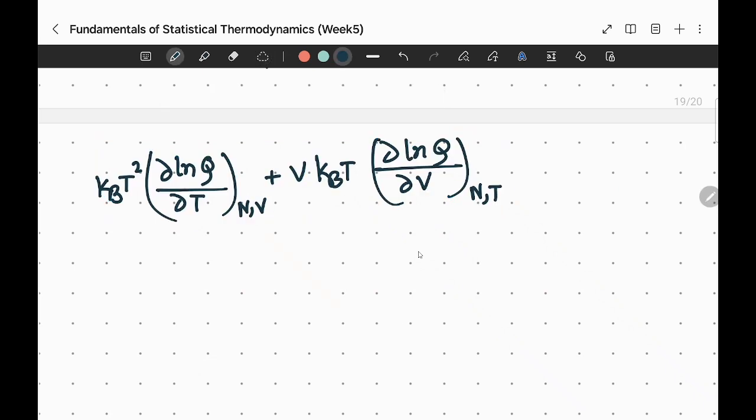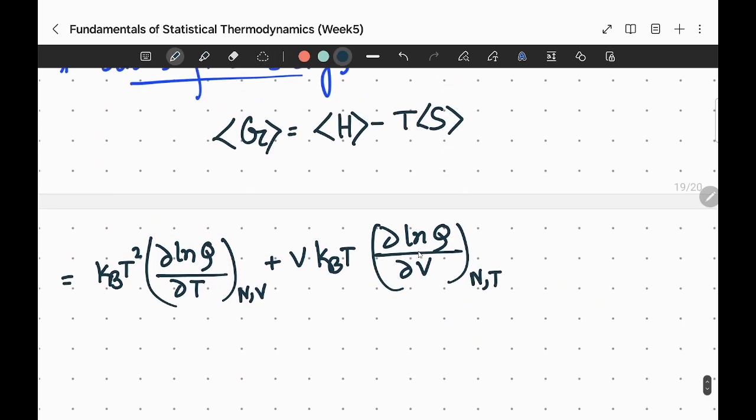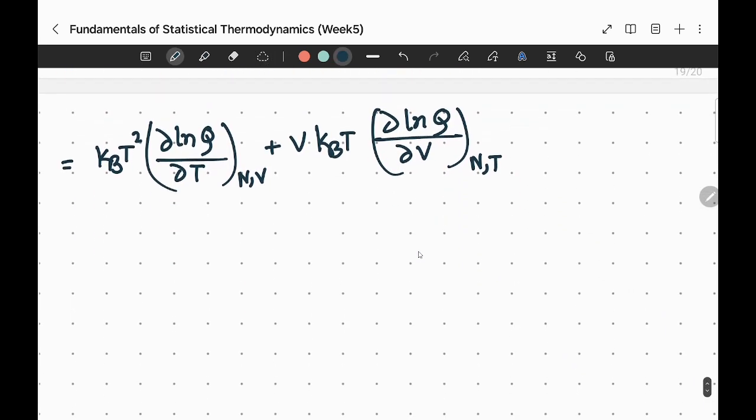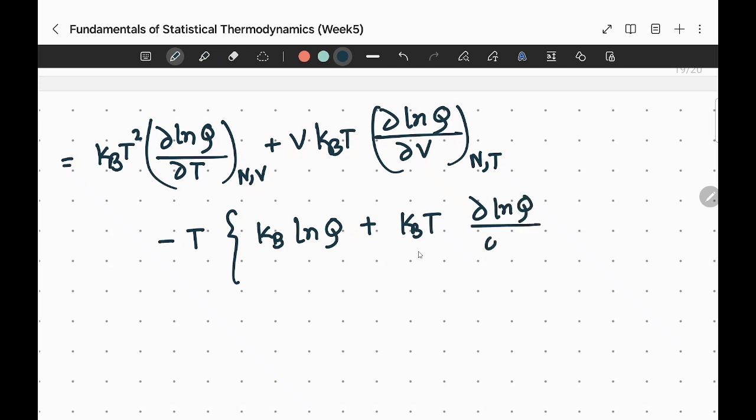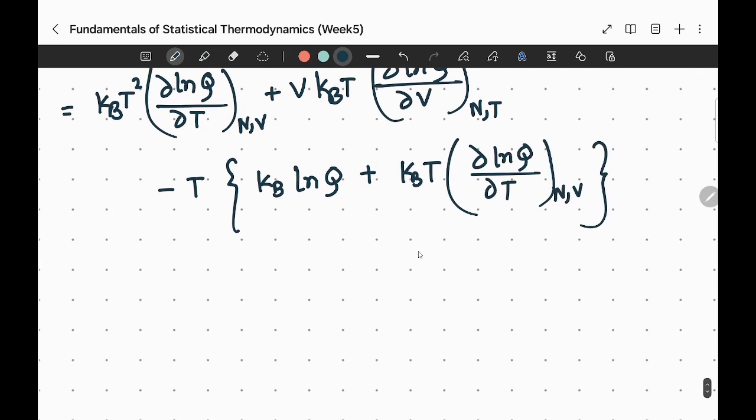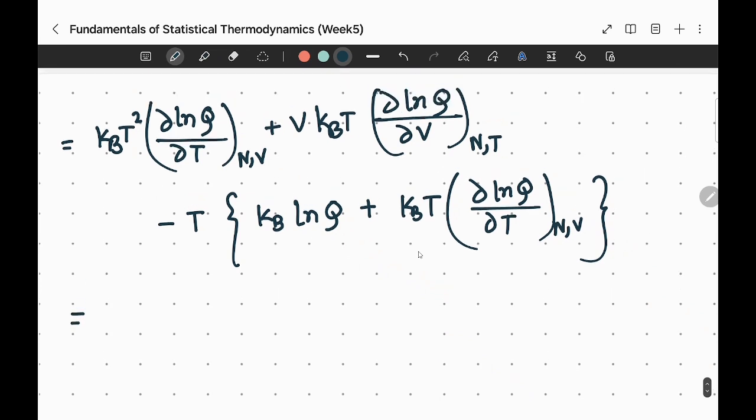And what is the S? It is minus TS, and S is kB ln Q plus kB T del ln Q del T. So this term will cancel.